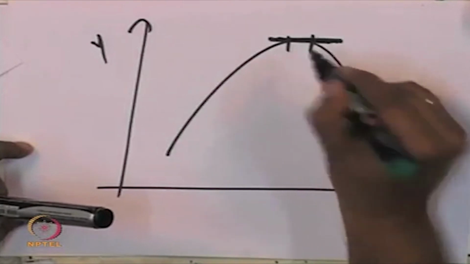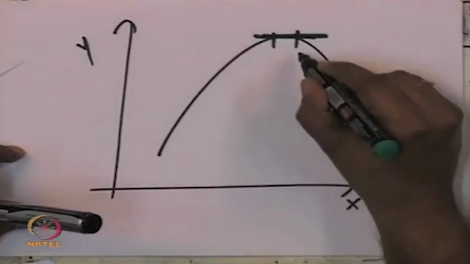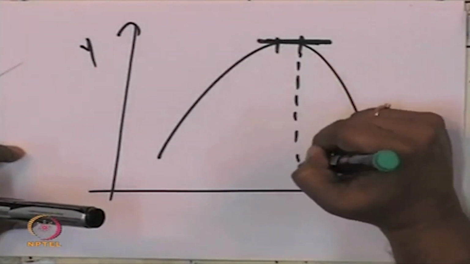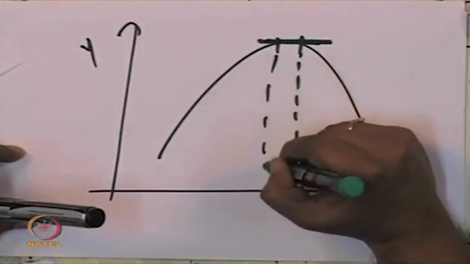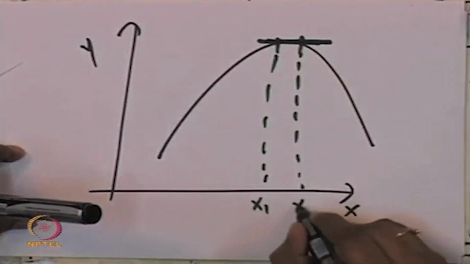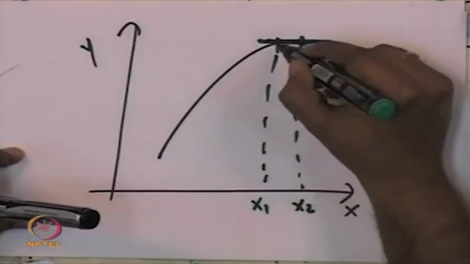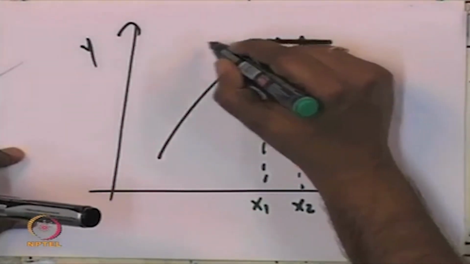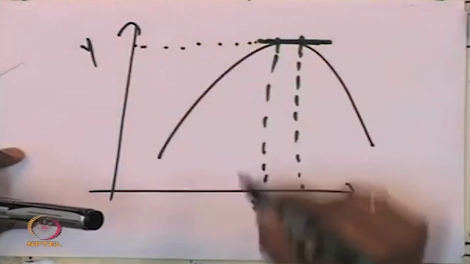You have these two values, this is x1 and this is x2, but for each of these x1 and x2, the y value is the same, the y does not change.